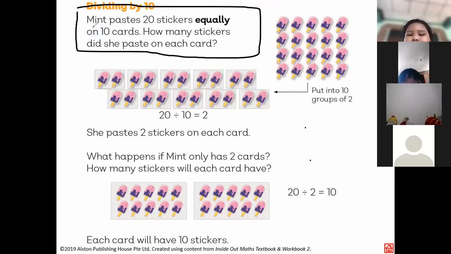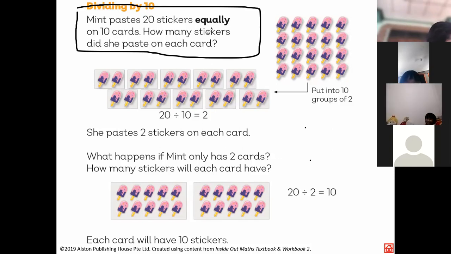Mint paste 20 stickers equally on 10 cards.